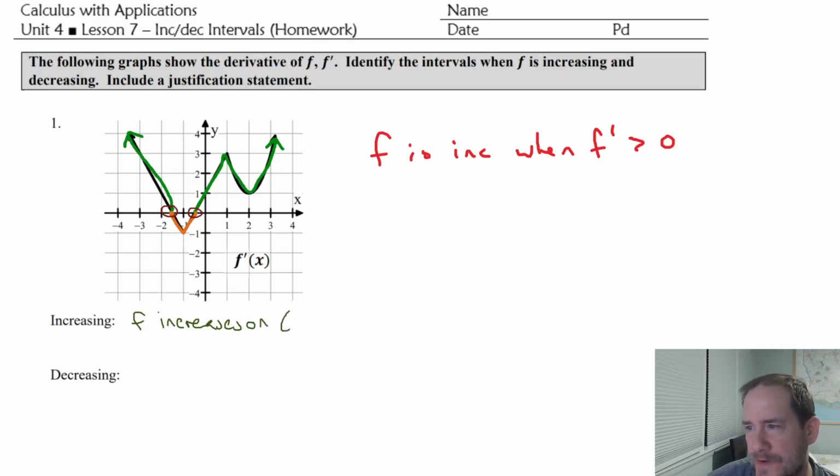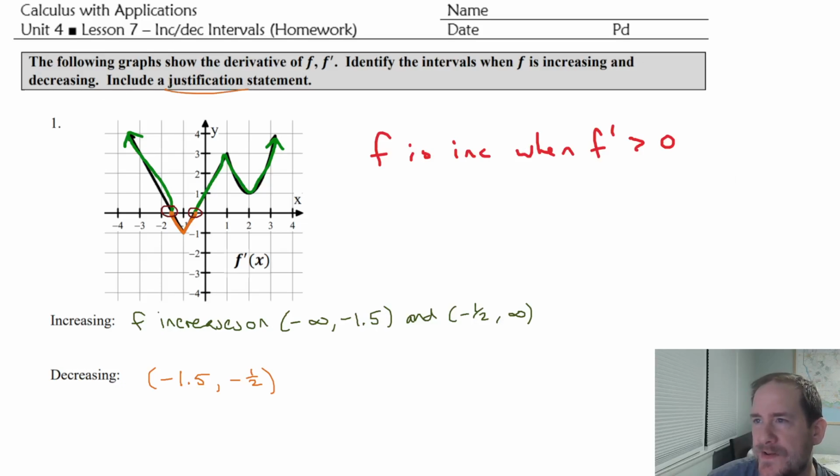But as far as your increasing, decreasing intervals, you'll just say that f increases on two intervals, the interval that goes from negative infinity up to negative 1.5, and also the interval from negative 1/2 to infinity. And that means that our only decreasing interval is from negative 1.5 to negative 1/2. And it does say justify.